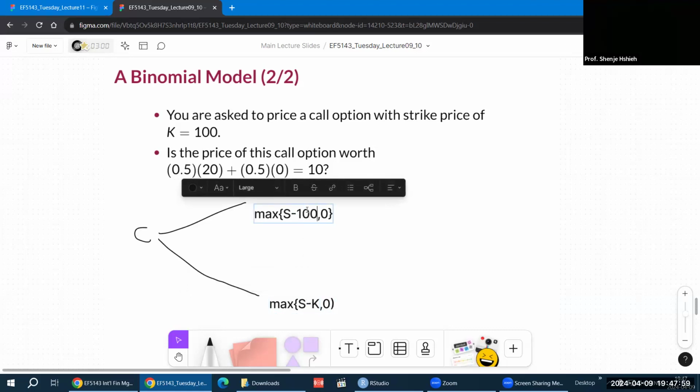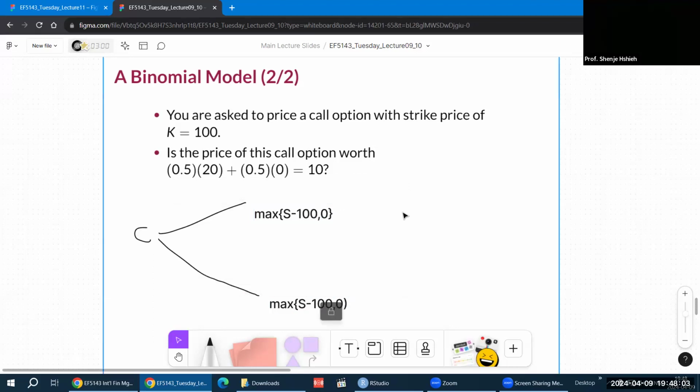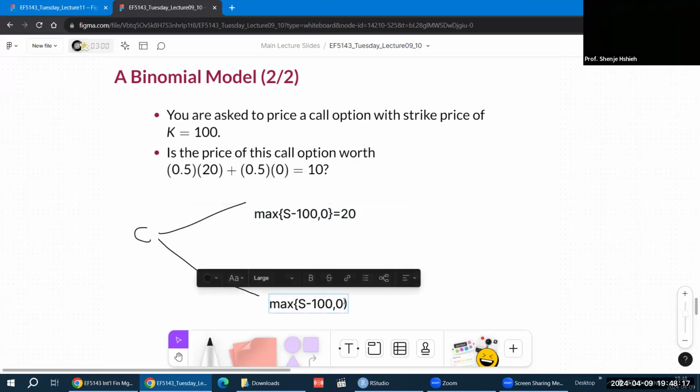In the case in which the underlying asset is in the good state, that's 120. 120 minus 100 gives us a payoff of 20, so the max function yields a 20. Otherwise, you would not exercise, because the payoff would be negative if you did. 90 minus 100 is negative 10, so you would not exercise, so that is a 0.